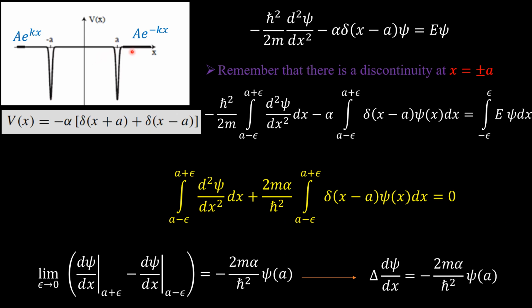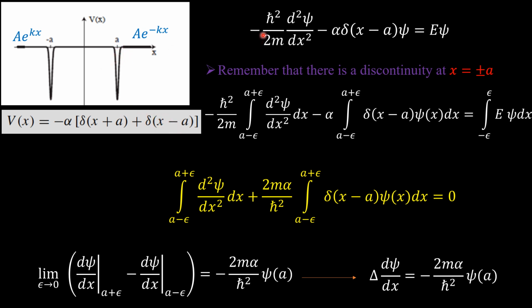Now we will consider only the positive x direction. In this direction, the potential delta(x minus a) will be non-zero only when x is equal to a. So when x is equal to a, x minus a is 0, and the delta function will have a non-zero value.